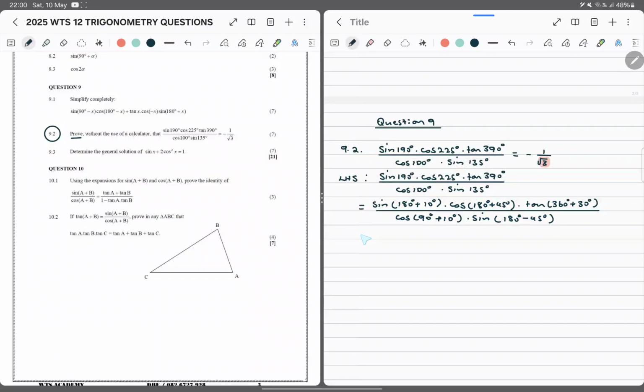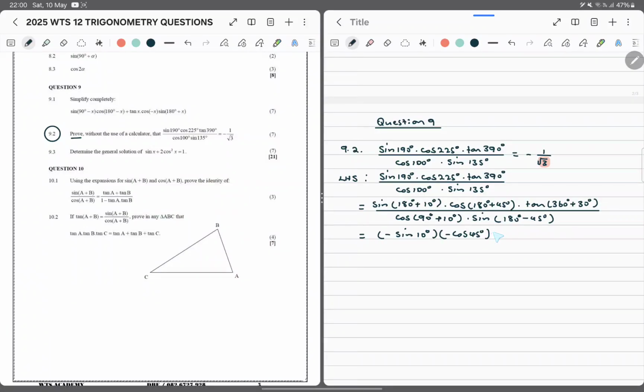Okay, so we reduce. So this is minus sine 10 degrees times minus cos 45 degrees. This is not looking right.